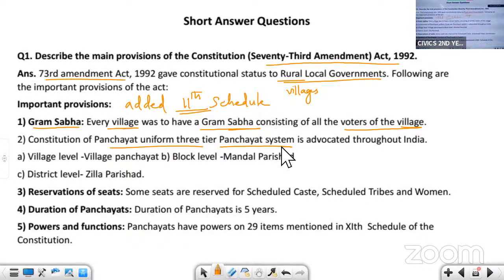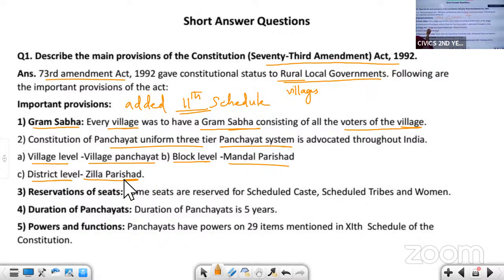Like at village level, we have three levels here. Village level, we have village panchayat. At intermediary or block level, we have mandal parishad. And at district level, we have Zilla Parishad. Block level or mandal level, or you can also say intermediary level.